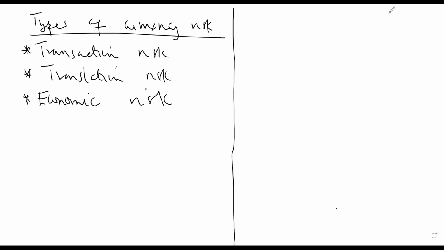The translation risk is always covered under IAS 21, mostly in corporate reporting, if you are accounting for a foreign subsidiary. So we have a company in Ghana, and they have a subsidiary in Nigeria. The parent company in Ghana will be presenting its financial statements in Ghana cedis, but the subsidiary in Nigeria will be using the Naira.